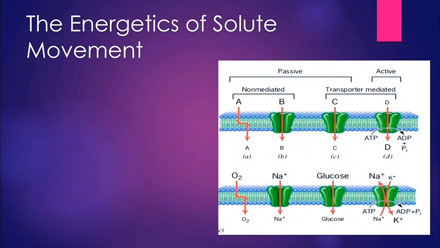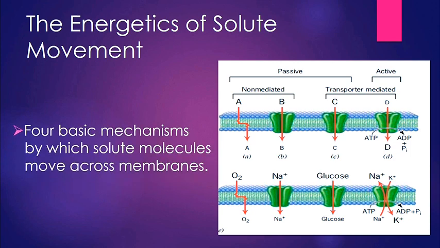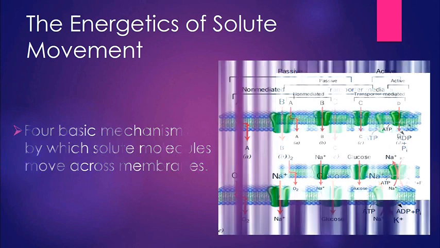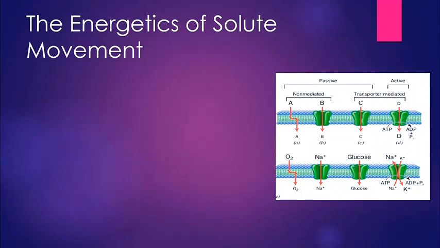This figure shows the four basic mechanisms by which solute molecules move across membranes. The relative size of the letters indicates the direction of concentration gradients.